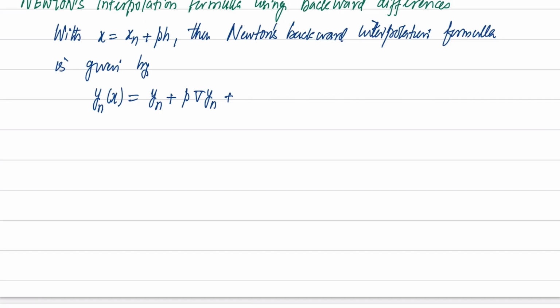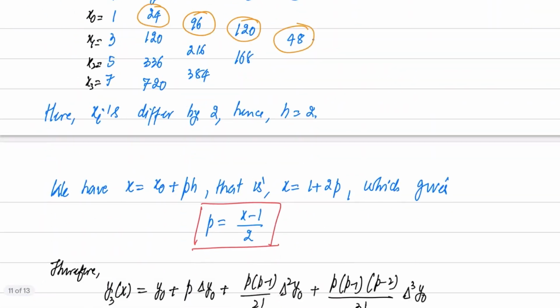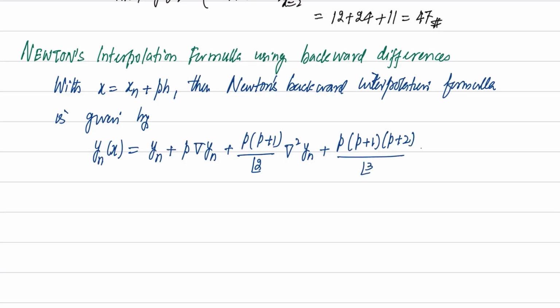Then the next term in Newton's forward interpolation formula was p into p minus 1 by 2 factorial. But in the backward difference formula we have p into p plus 1 divided by 2 factorial delta square of yn. Then plus similarly p into p plus 1 into p plus 2 whole divided by 3 factorial, then delta cube yn.